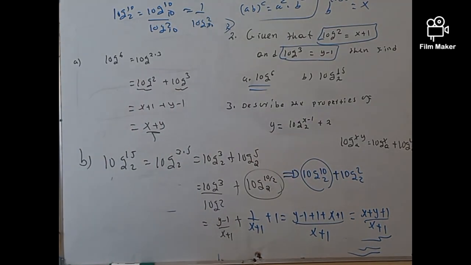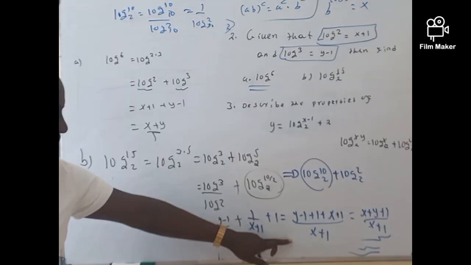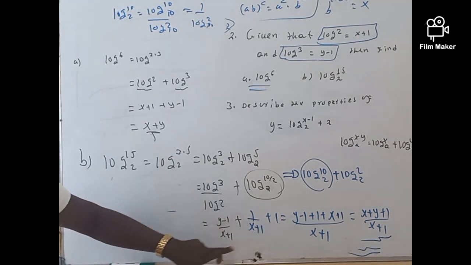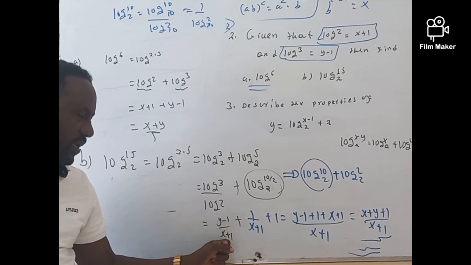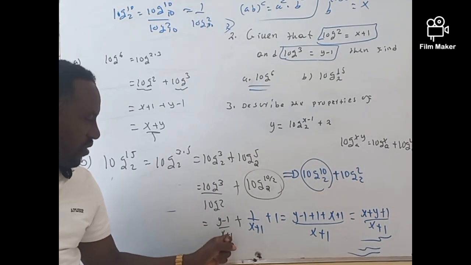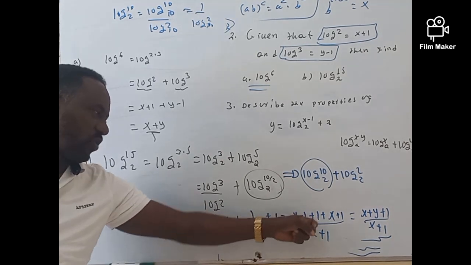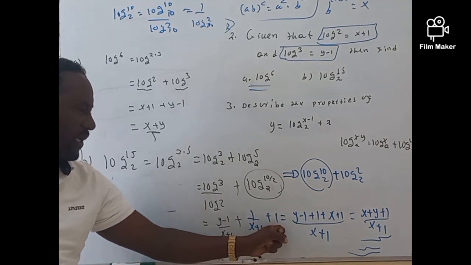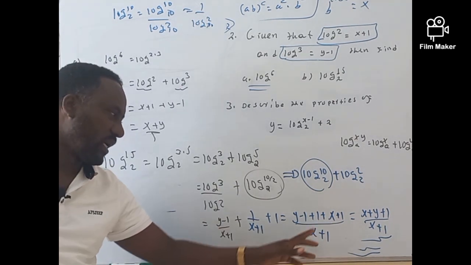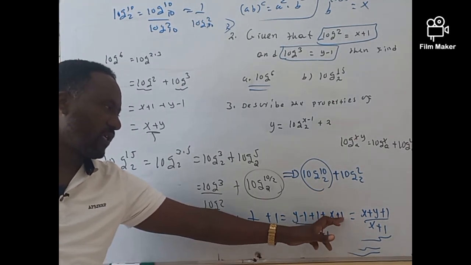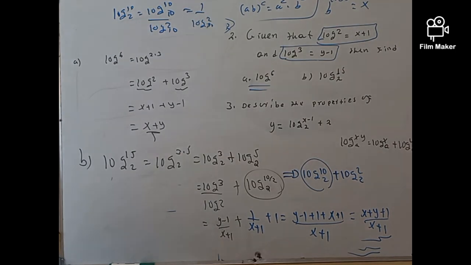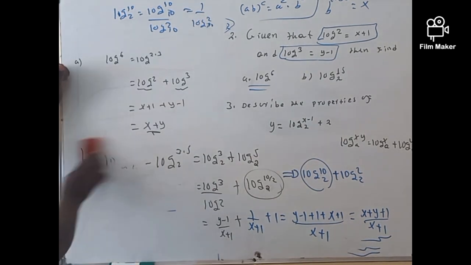This is the final solution of the given problem. Taking the common denominator x plus 1, y minus 1 times 1 is y minus 1, 1 is x plus 1 times 1, and this is cancelled, leaving x plus y plus 1 over x plus 1 as the value for this one. Well, now let's come to the second problem.